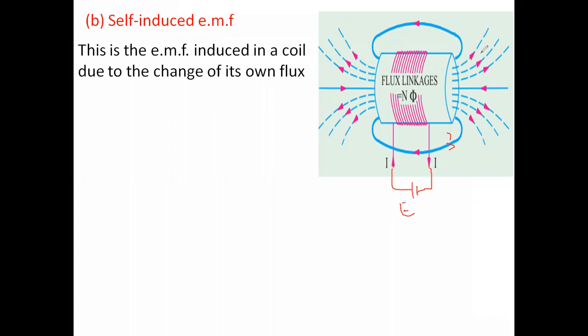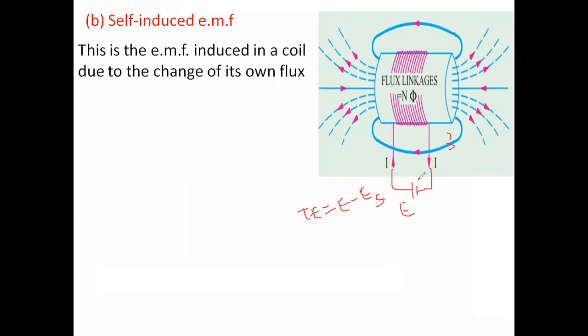The generated flux also generates some EMF in the coil, and due to that the net voltage is the applied voltage E minus the EMF generated due to the coil's own flux, which is considered ES, the self-induced EMF.